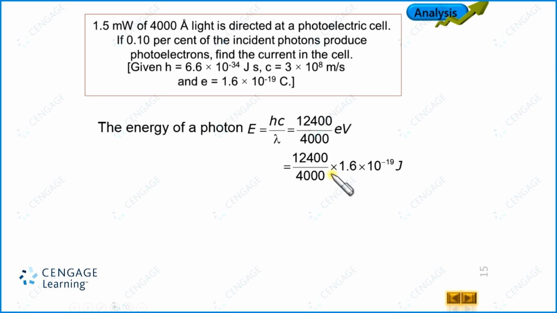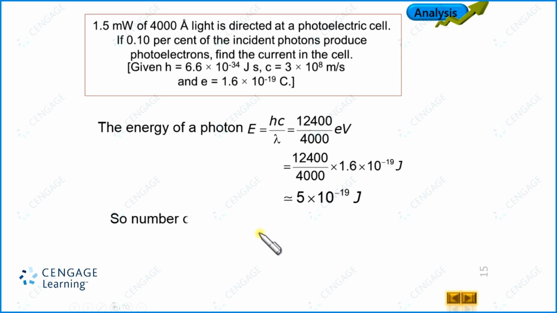Now we are given the power, 1.5 milliwatt. If we divide this power by the energy of a photon, we can find the number of photons emitted per second by the light source. This is the value we have calculated in joule, the energy of the photon.